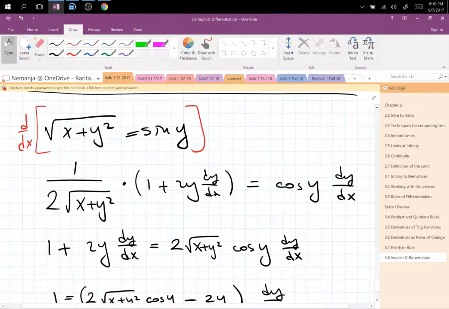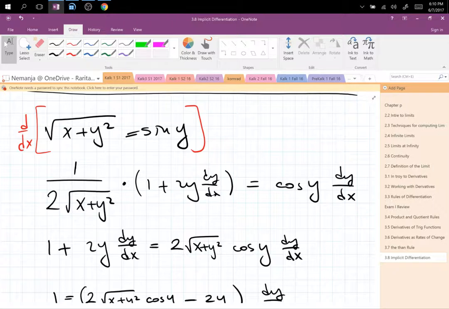So we are taking the derivative of two terms. We have a square root on the left and sine on the right. On the left, when I take the derivative of the square root, it becomes 1 over 2 times the square root. Why are we taking just 1 over the square root? Well, you have the square root, so you have to take the derivative of it.